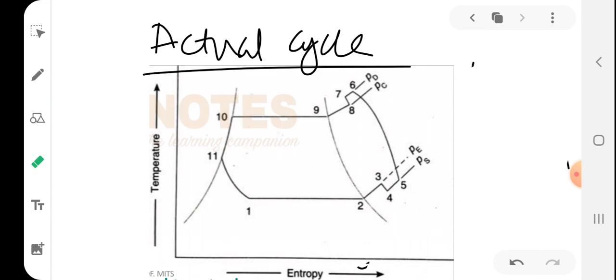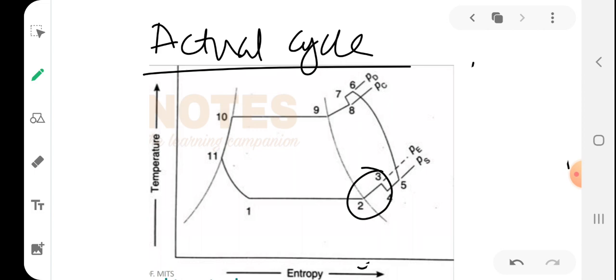Now we will see that the superheating of refrigerant from 2 to 3 is due to what. You can see that from 2 to 3 there is superheating, right? Superheating means it is heated above the saturation temperature. So what are the reasons for superheating? The first one may be the automatic control of the expansion valve, so that refrigerant leaves the evaporator as superheated vapor.